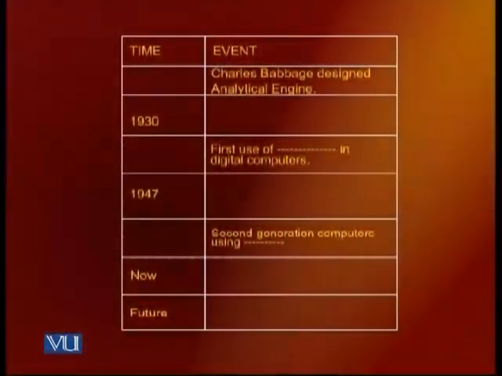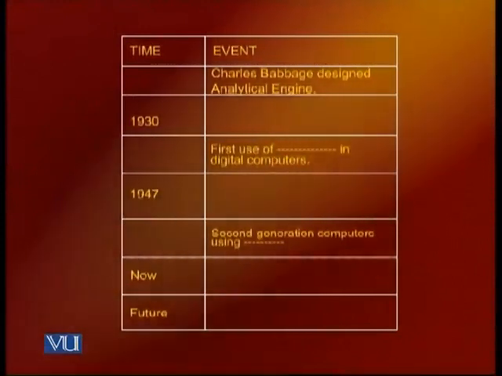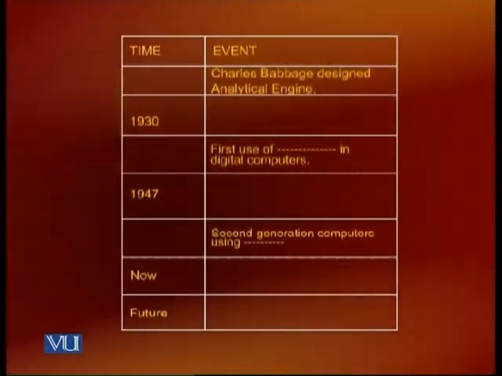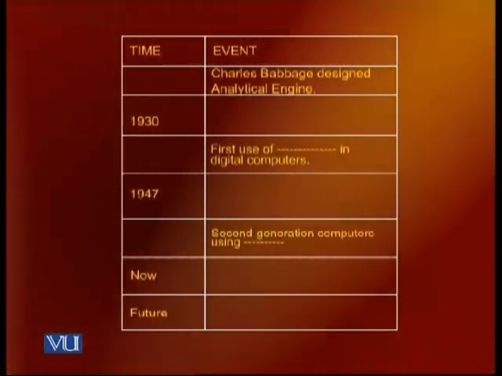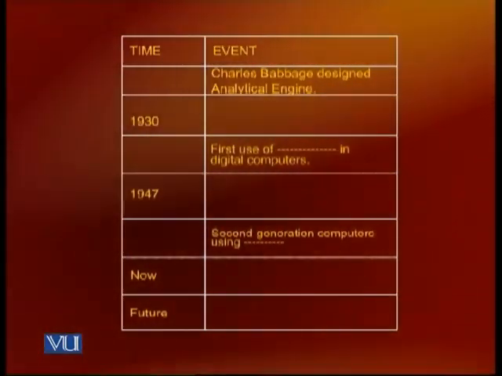Then you have 1930 given, and there's a jump to 1947, and you have to find out what events took place in that period. In 1930, we find that the first analog computer was built by Bush.